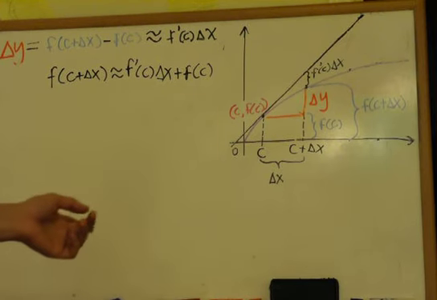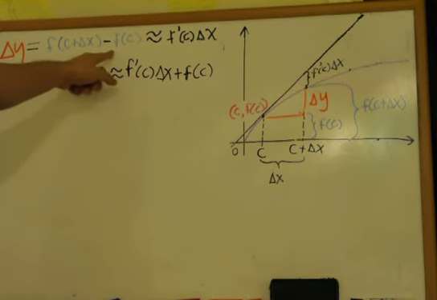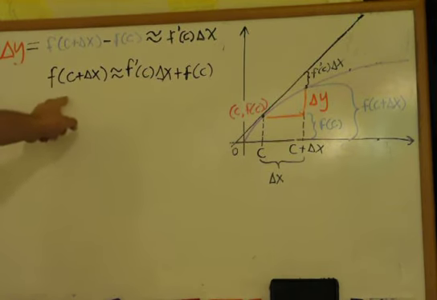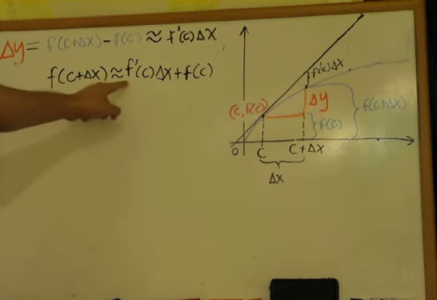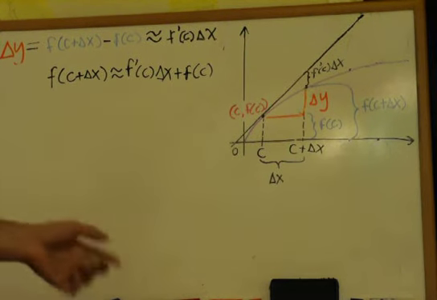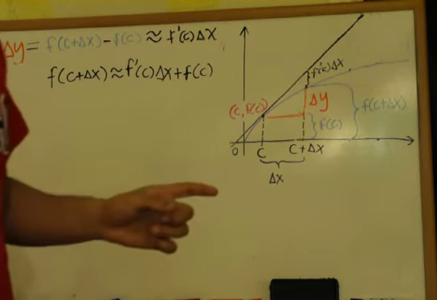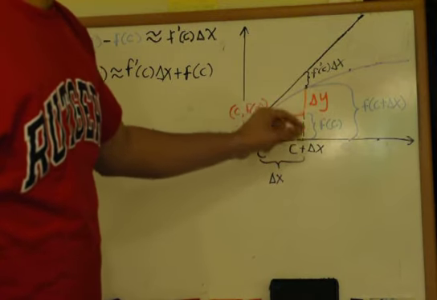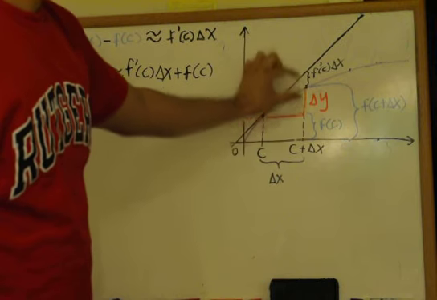Alright, so now if you add f of c to both sides, this gives you that f of c plus delta x is approximately equal to f prime of c times delta x plus f of c. Now graphically you can see that too. This height here is approximately equal to this plus this.